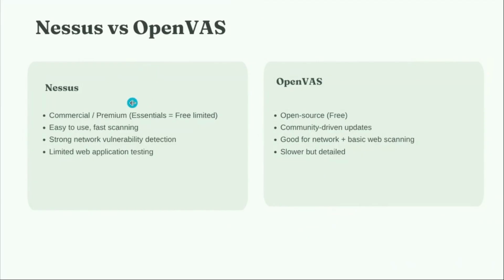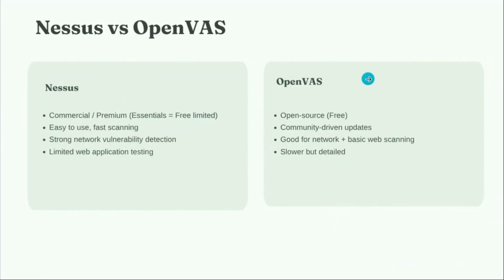The user interface is much easier in Nessus compared to OpenVAS, and we can scan quickly using Nessus. It has limited focus on web applications and strongly focuses on network vulnerabilities.